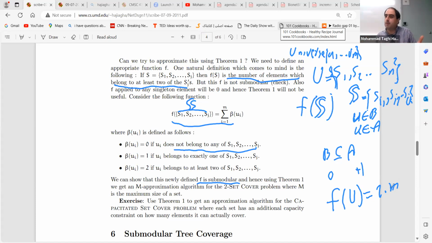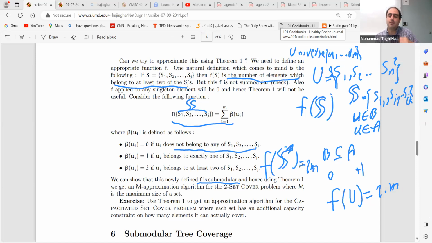So if that is the case, F of U would be 2 times M, where M is the number of elements of the universe in the set cover problem. So F of U is 2M. Now, if you can make F of any S star become 2M with minimum S, that is essentially a solution for you. You see, this is not trivial. If you want to solve it as a set cover, you may have to redefine everything. But here, in some sense, everything nicely goes to this function.